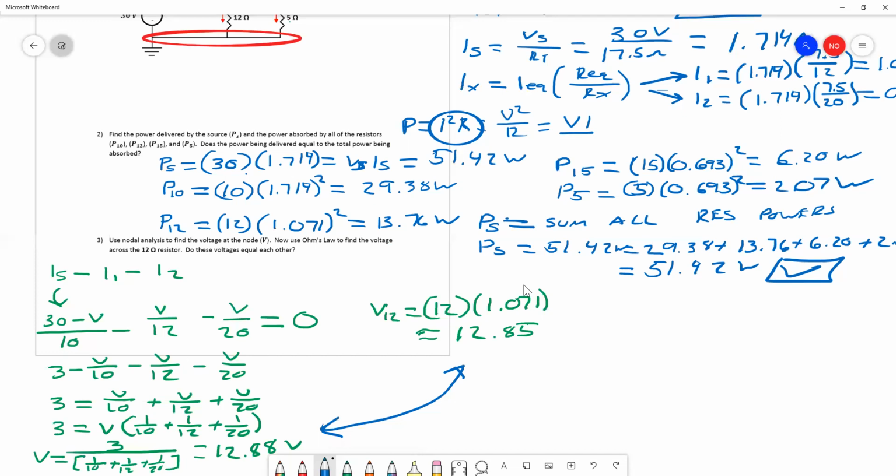Any differences are due to simple rounding. So yes, that proves that we can solve the problem in multiple ways. Most likely you would want to just use Ohm's law for this case because it was quite a bit shorter, but you can also solve it with nodal analysis. And that is problem 1 and 3 of the final exam review packet.